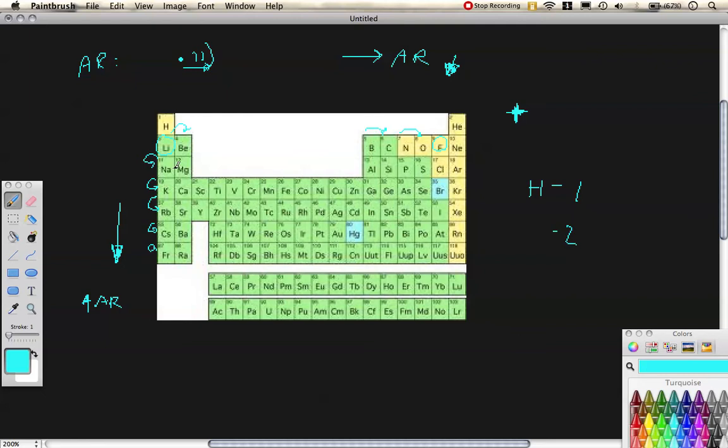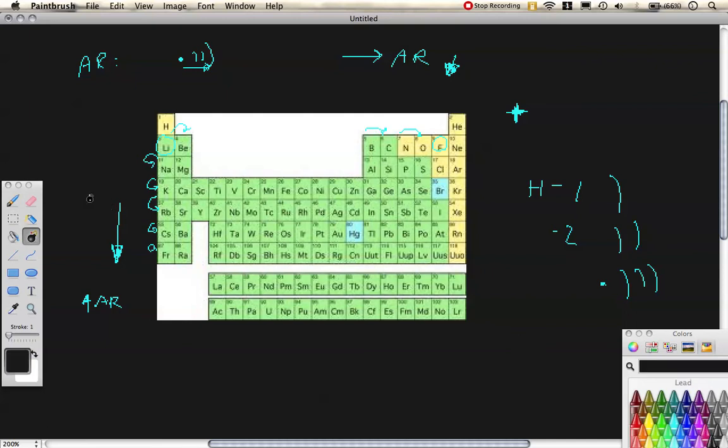Here with sodium 3, potassium 4, rubidium 5. And if we pretend that's our nucleus, with every addition of an energy level, you're getting progressively further away from your nucleus. So guys, that's pretty much our periodic trends in a nutshell.